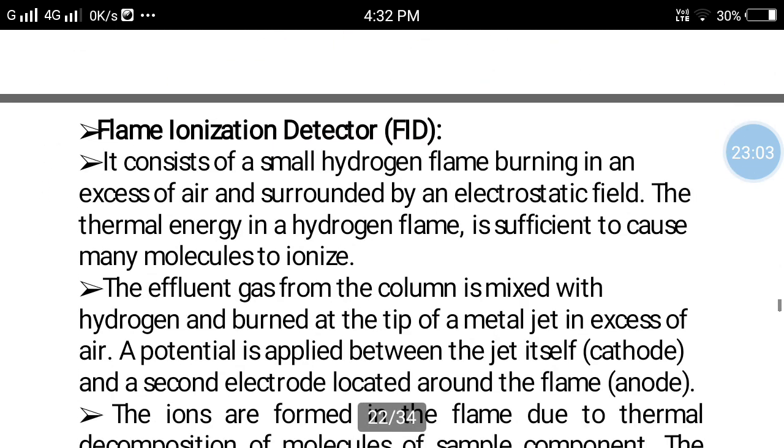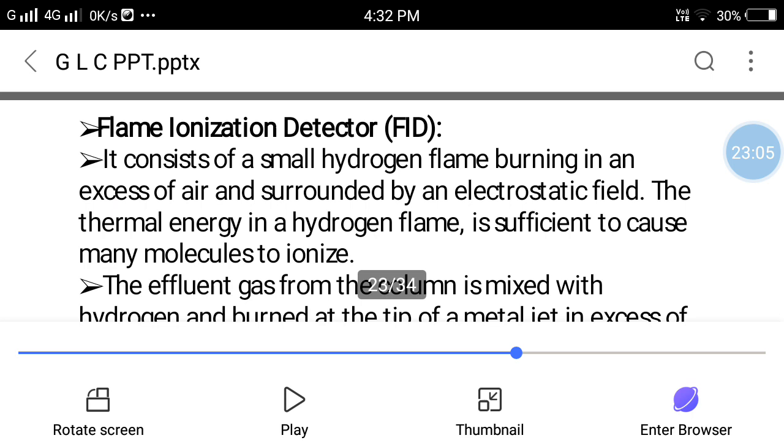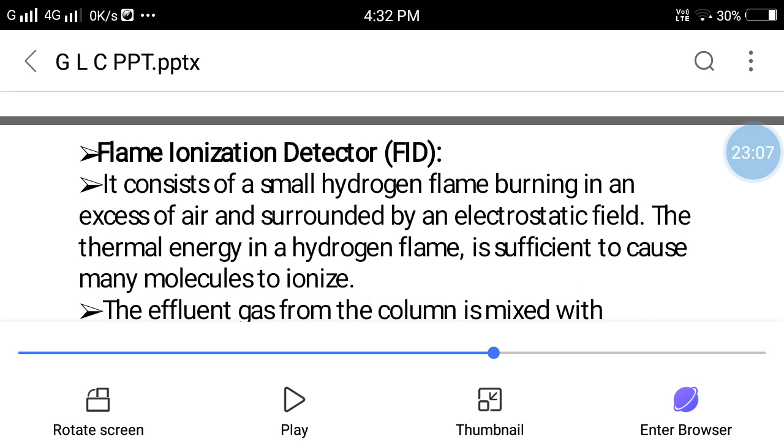The second detector is the flame ionization detector. This detector consists of a small hydrogen flame burning in an excess of air and surrounded by an electrostatic field. The thermal energy in the hydrogen flame is sufficient to cause many molecules to ionize.